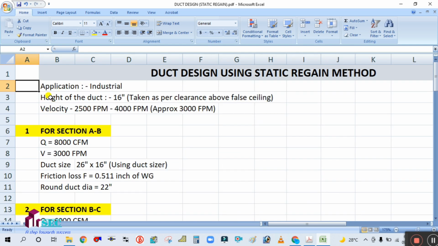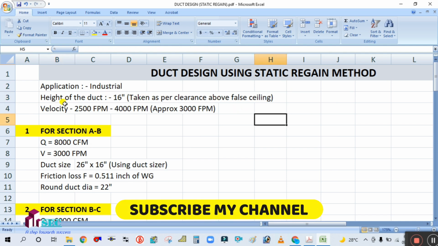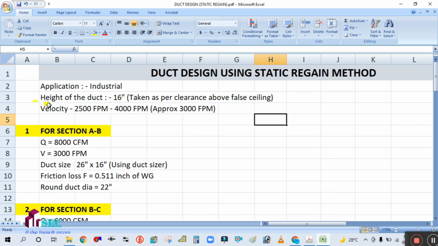The height of the duct we assume is 16 inch, taken as per the clearance above the false ceiling. If there is a false ceiling, you can assume the height as per the clearance. For a static regain method and industrial purpose, velocity is 2500 to 4000 feet per minute. Approximately, we consider 3000 fpm. fpm is nothing but feet per minute.